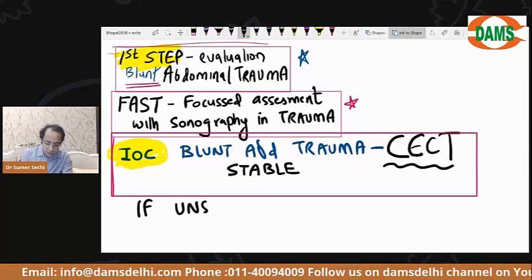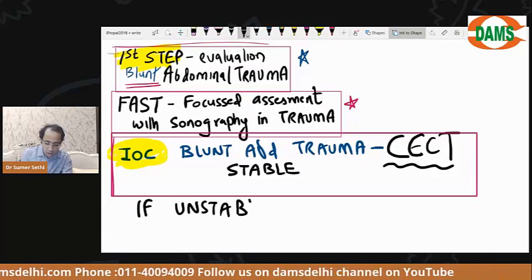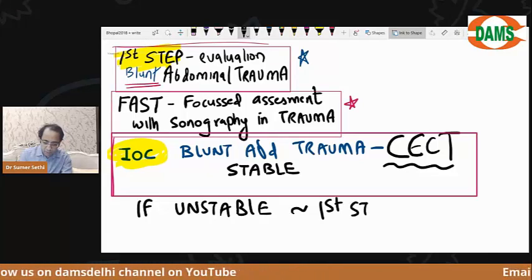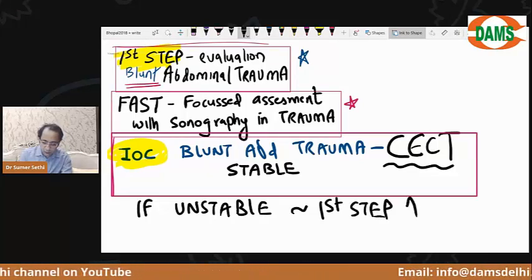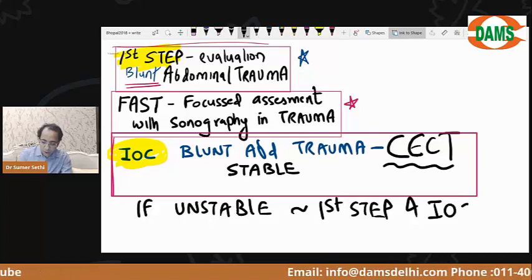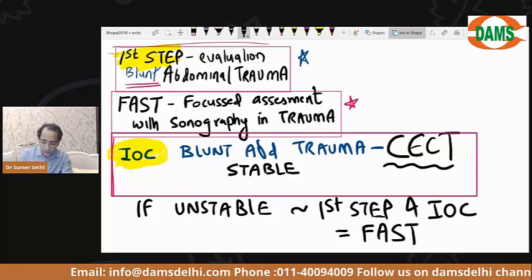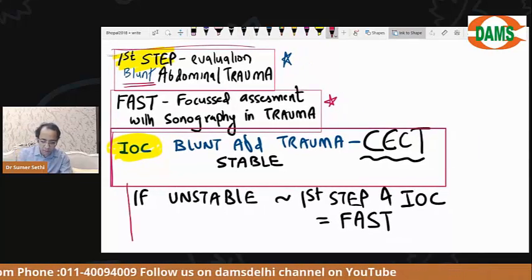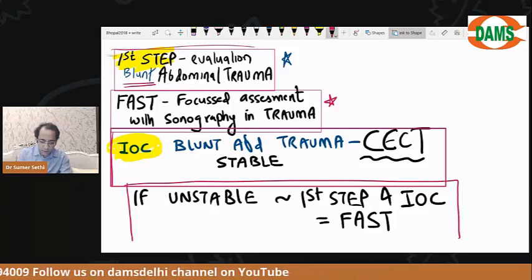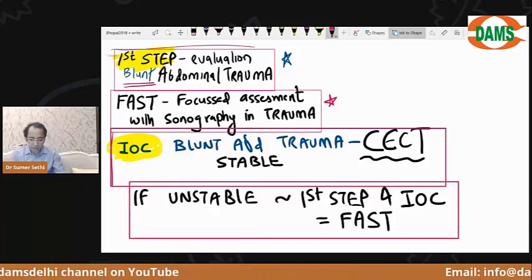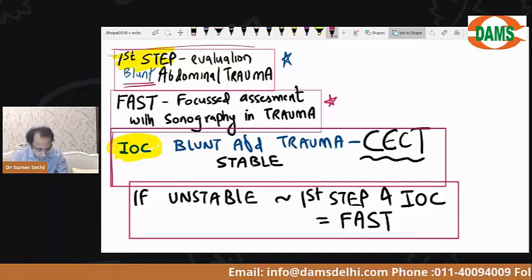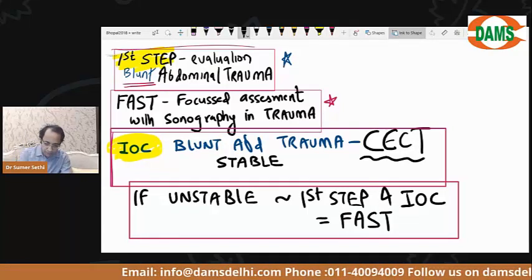If unstable, then the first step and investigation of choice are the same, that is FAST. Everybody understands and follows? If the patient is hemodynamically unstable, then the first step and investigation of choice is the same, FAST.